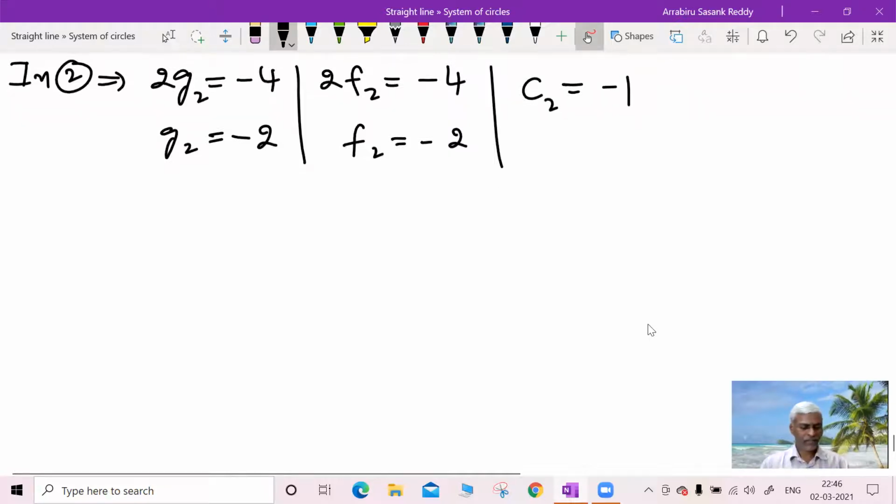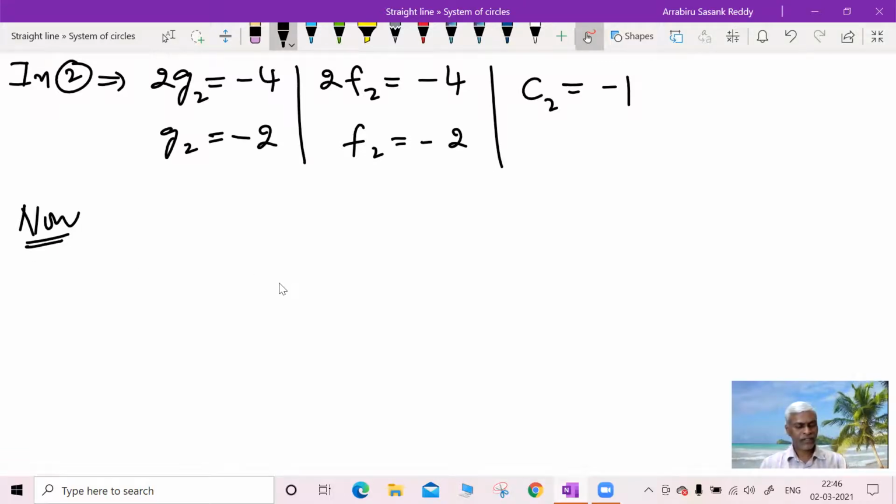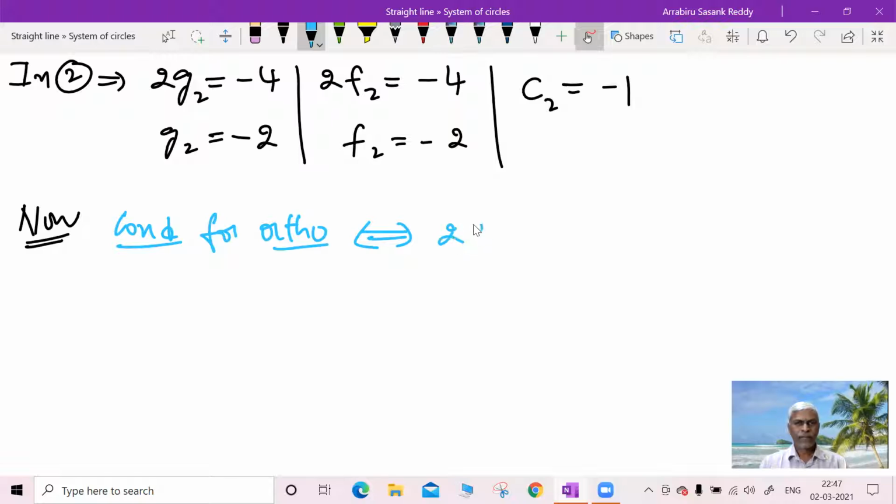After writing the g, f, c values in both the circles, now applying the condition of orthogonality, the condition for orthogonality is 2g1g2 plus 2f1f2 is equal to c1 plus c2.